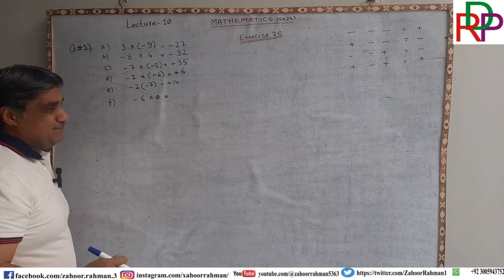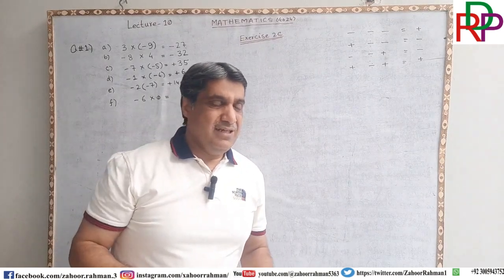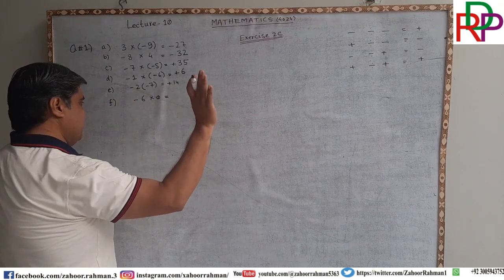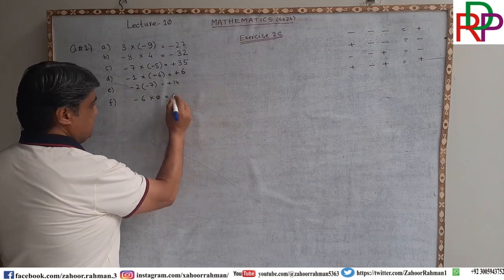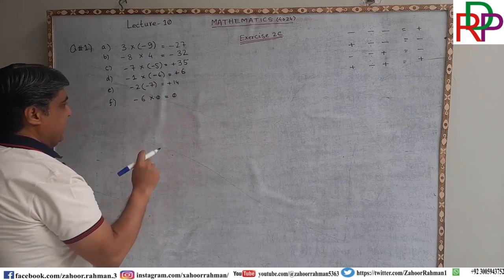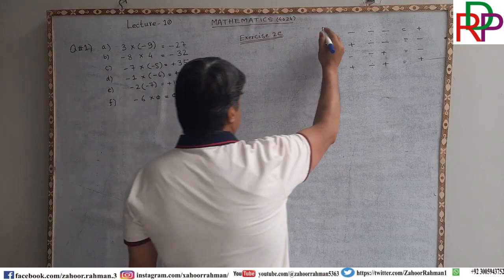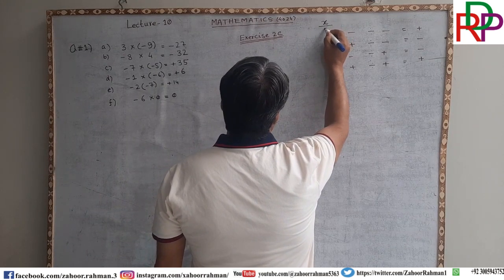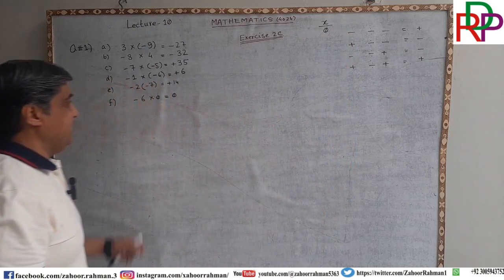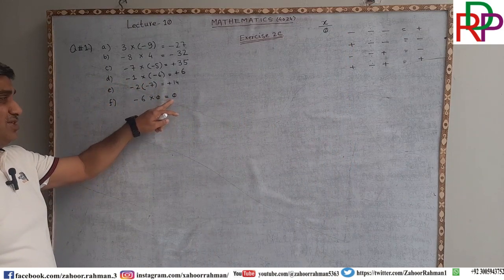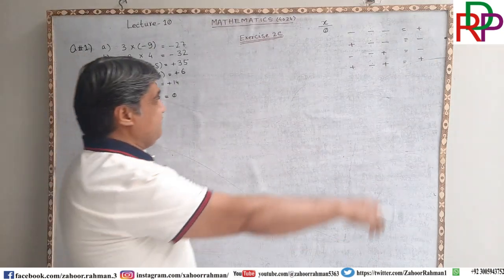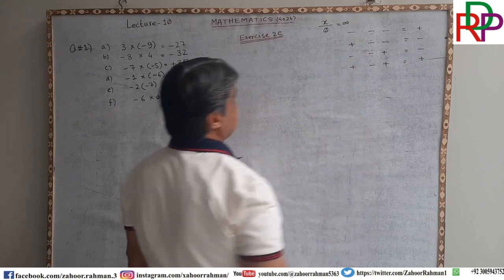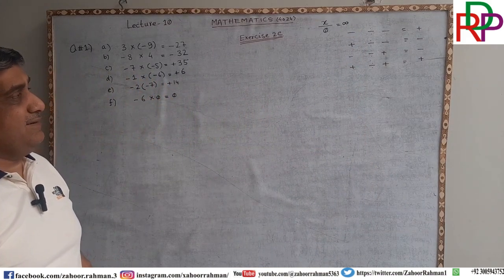Let me explain something here. When anything is multiplied by 0, that is equal to 0. But what happens when anything, say x, is divided by 0? In multiplication, it is 0. But if anything is divided by 0, it is infinite, it is undefined.